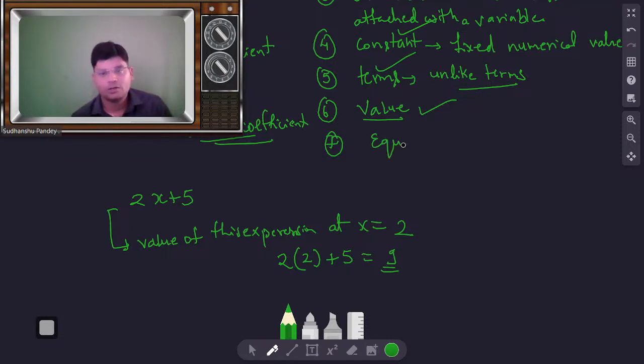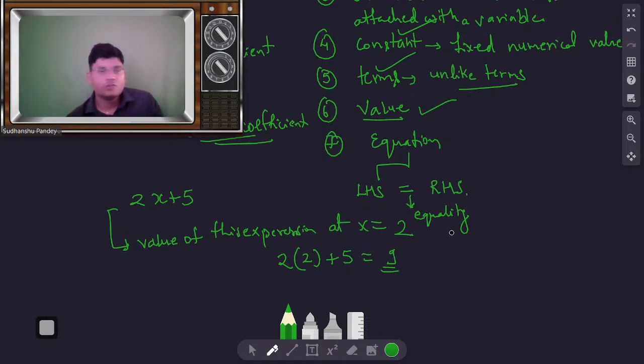Equation. Okay. Equation means it has a left hand side. Left hand side, I'm writing LHS in short. LHS and RHS. Before that, it should also have an equality sign and it should have an RHS, that is right hand side. Are you getting it? Yes, sir. So what are the three basic requirements?